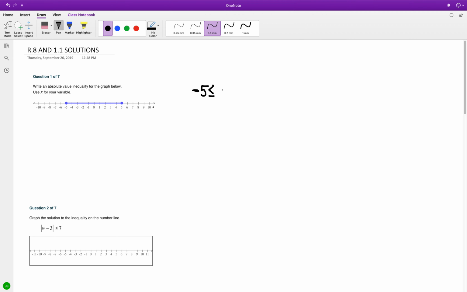Now just for the general inequality, we have situated that -5 is less than or equal to x, which in turn is less than or equal to 5.